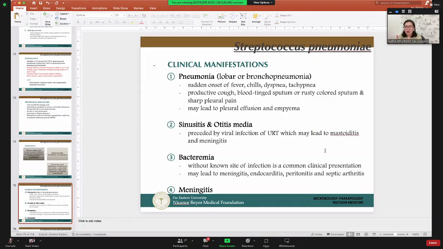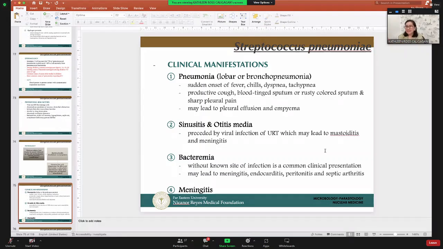Or you may have a primary bacteremia without a known site of infection, a common clinical presentation which may also lead to meningitis, endocarditis, peritonitis, and septic arthritis. Or bacteremia can be secondary to pneumonia, otitis media, or meningitis.